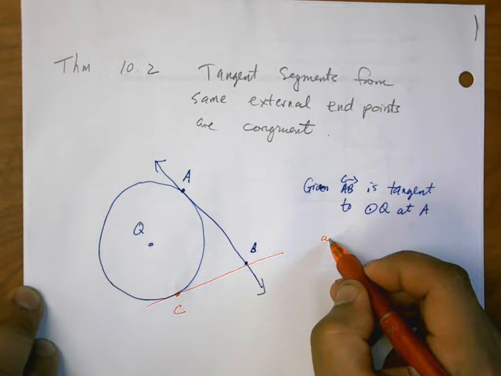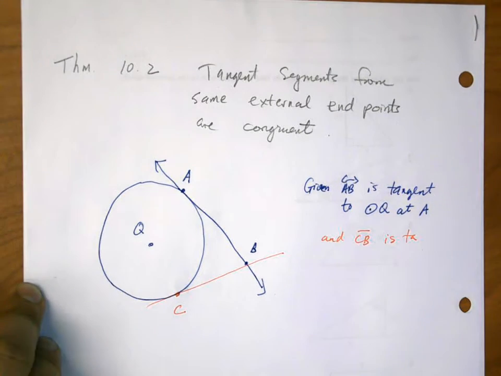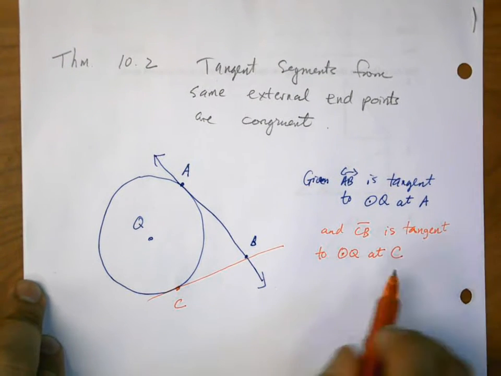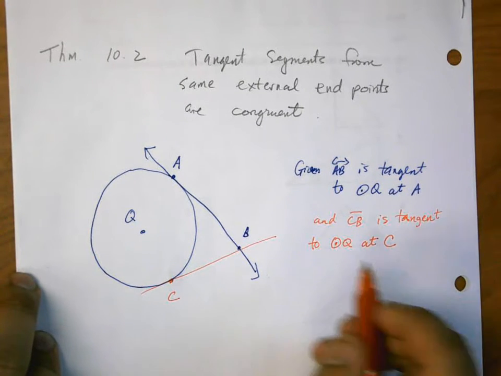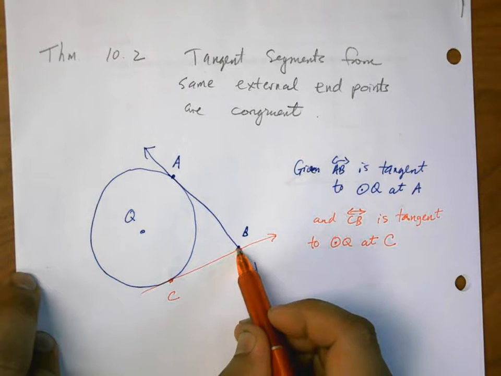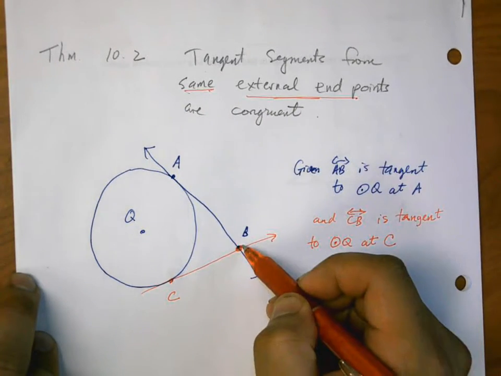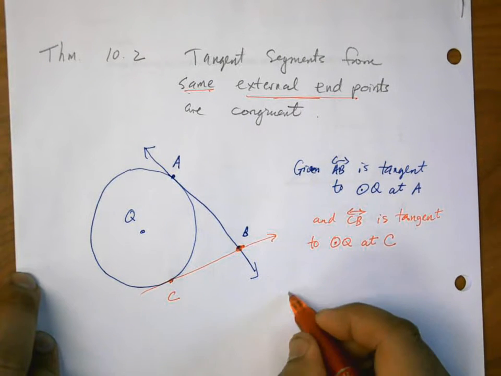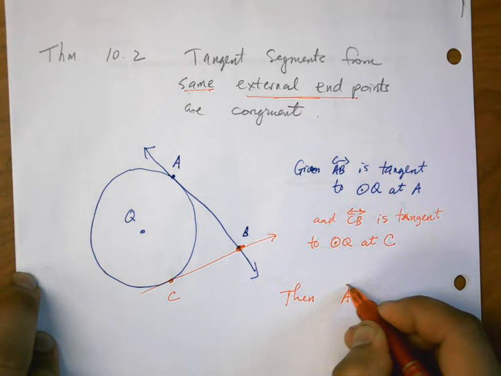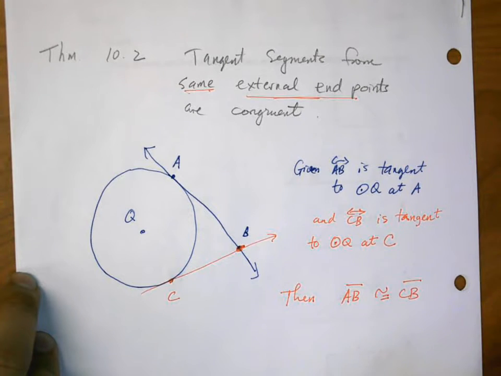CB, and CB is tangent to circle Q at C, okay? And since they both intersect at B, this is the common, when we say the same external endpoint, that's this point right here, then we can say that AB must be congruent to CB.